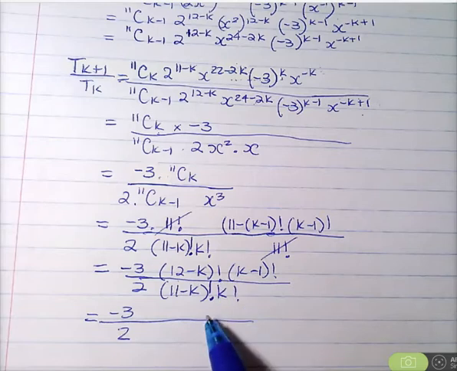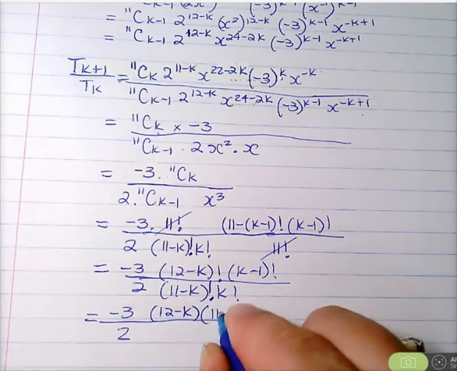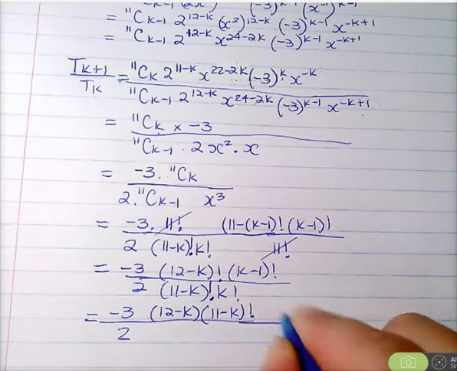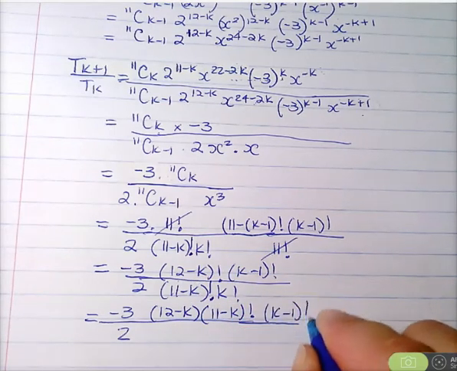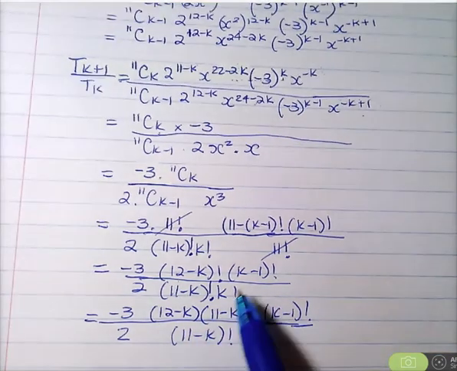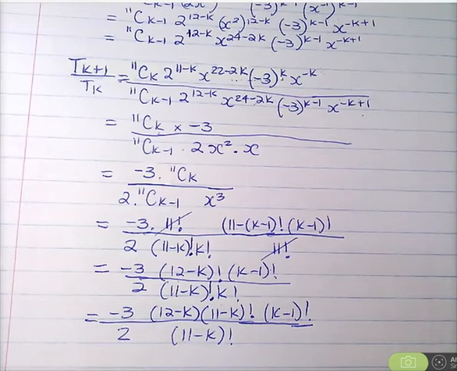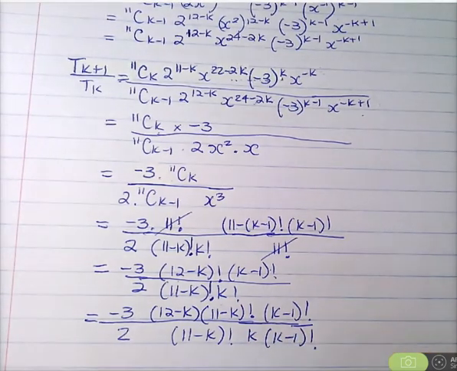12 minus k factorial is 1 higher than 11 minus k factorial, so I can write that as 12 minus k times 11 minus k factorial, so that's for that bit, times this k minus 1 factorial over 11 minus k factorial. Now k factorial is 1 higher than the k minus 1 factorial, so that's k times k minus 1 factorial.